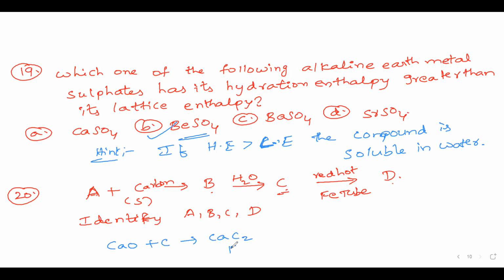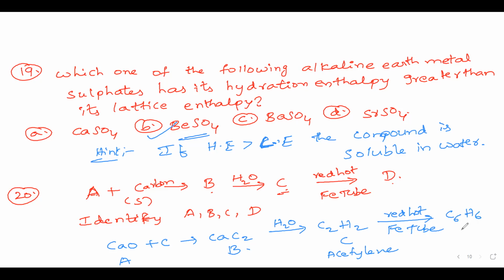This is compound B, and calcium oxide is compound A. Calcium carbide on hydrolysis forms acetylene, compound C. When passed through a red hot iron tube, acetylene forms benzene, C6H6, compound D. So A is calcium oxide, B is calcium carbide, C is acetylene, and D is benzene.